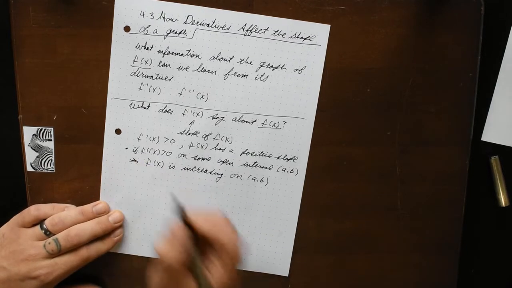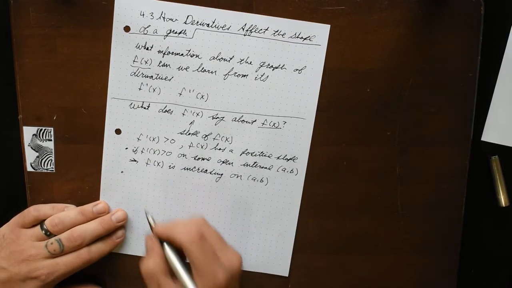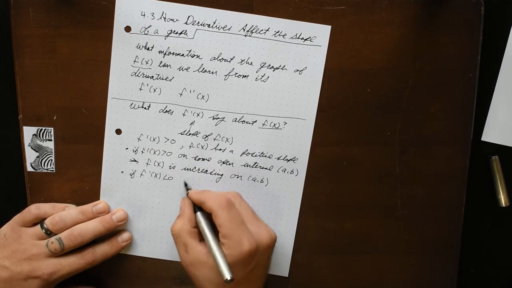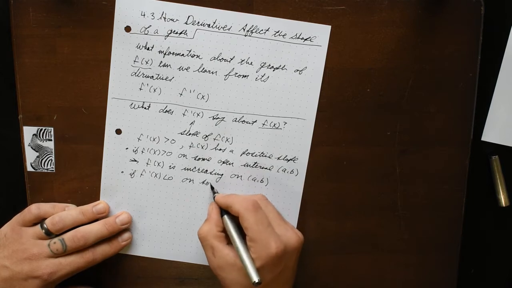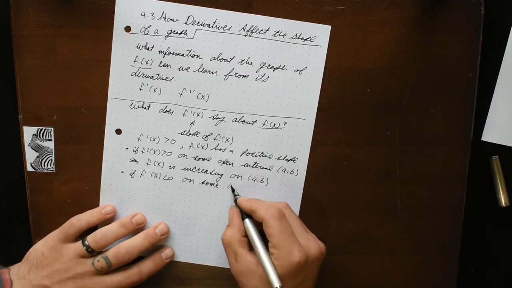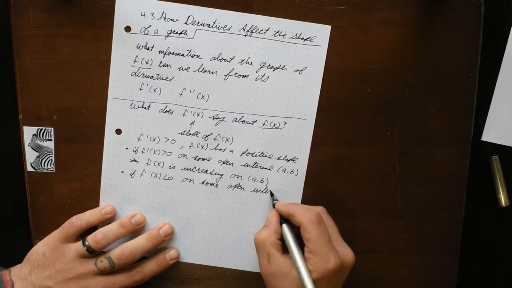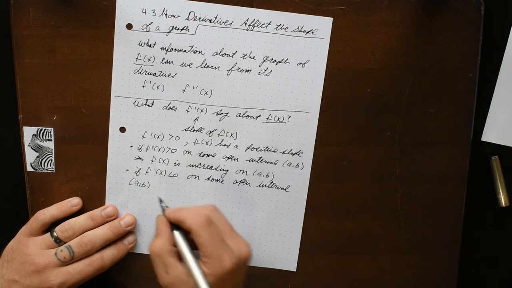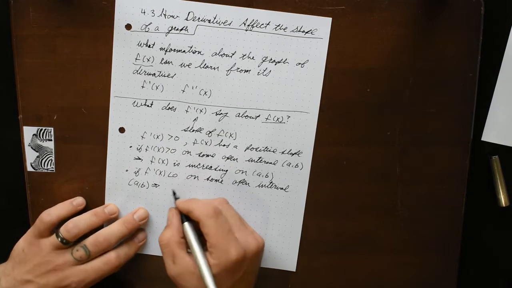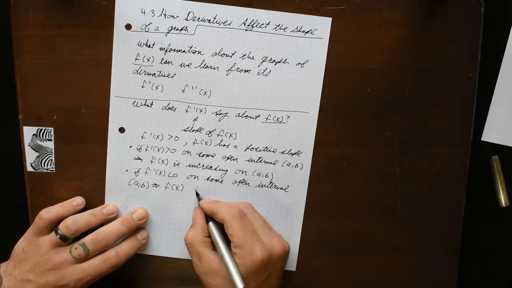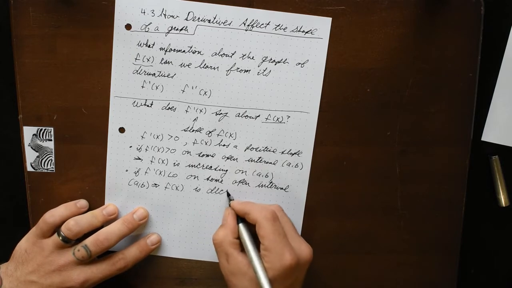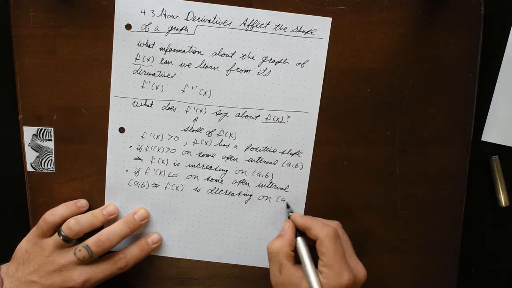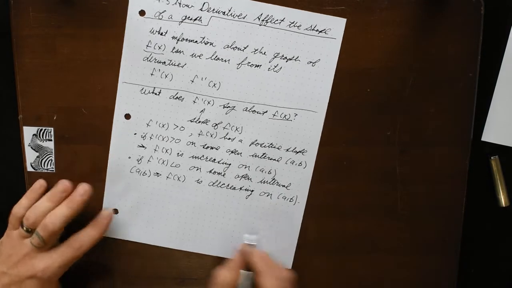So this is our formal statement: if f prime of x is less than 0 on some open interval a to b, then the opposite is true. f of x is decreasing on a to b.